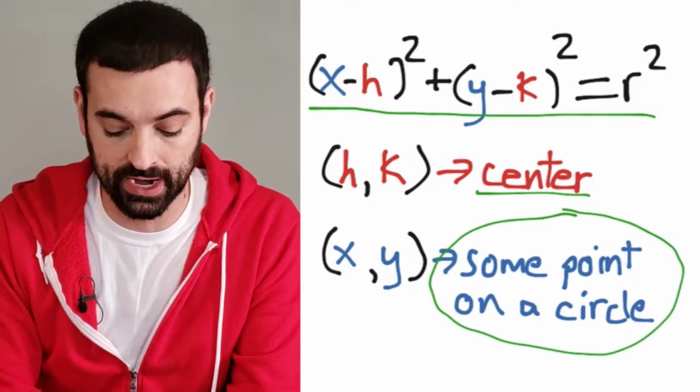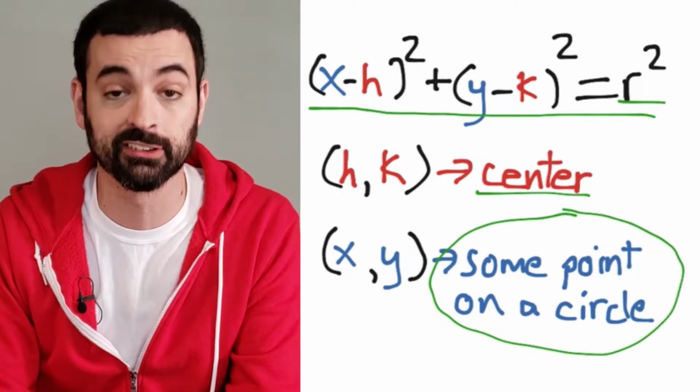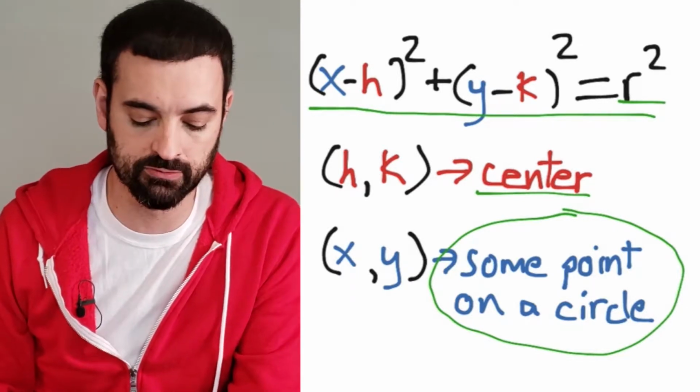And r squared is the length of the radius squared. And you will usually be given one value or another or multiple values, and you'll be asked to find some other piece of information about the circle.